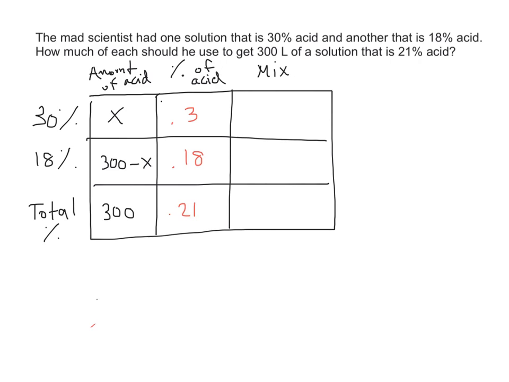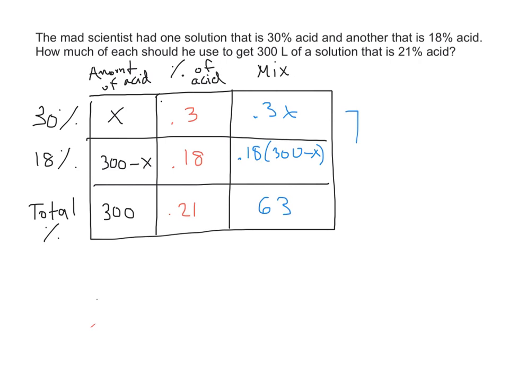The final one, you have to multiply the two rows together. So we would multiply X times 0.3 to find the mixture of 30% acid. So 0.3 times X would be 0.3X. 0.18 times 300 minus X. And the last one, 300 times 0.21 is 63.